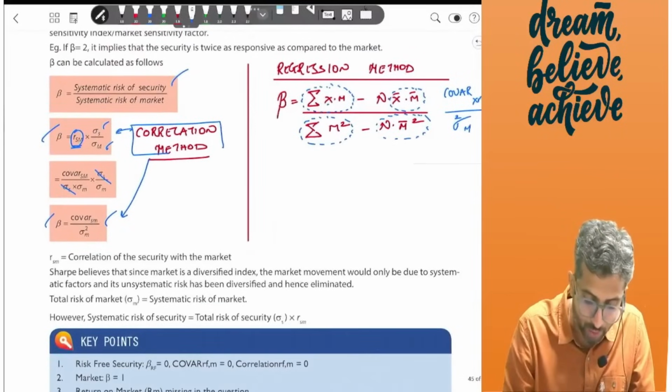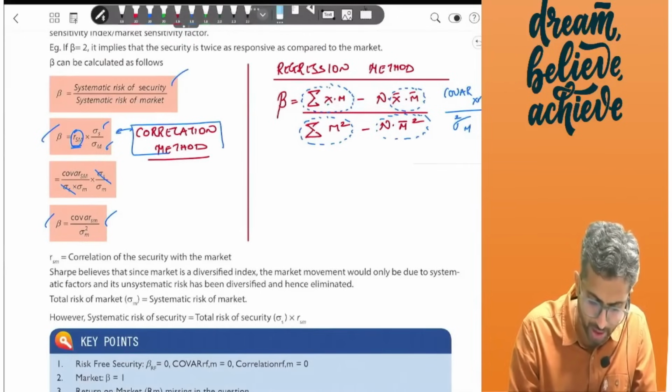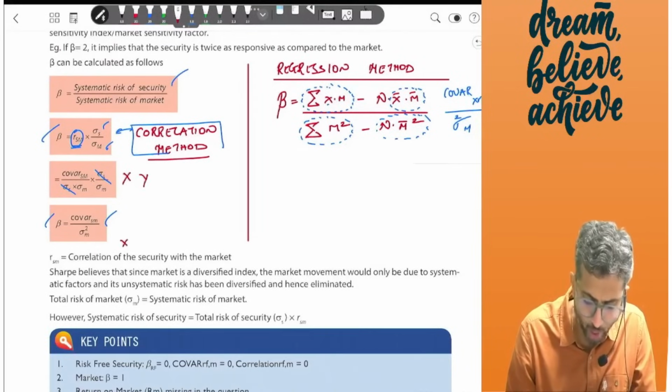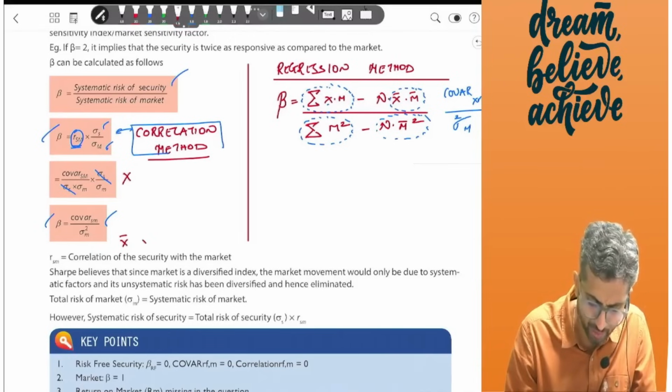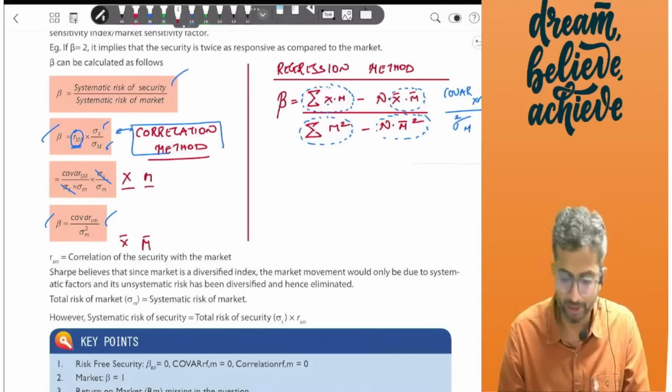If I have to solve using the correlation method, typically the columns that I will use while doing the calculation would be, let us say, security x, and instead of y, I will take m, that is the market. Below I will calculate x bar and m bar.